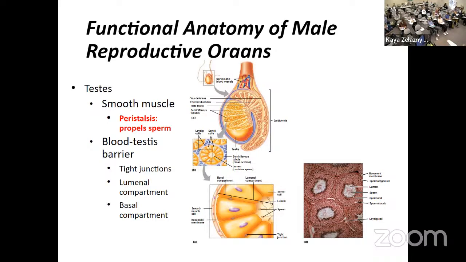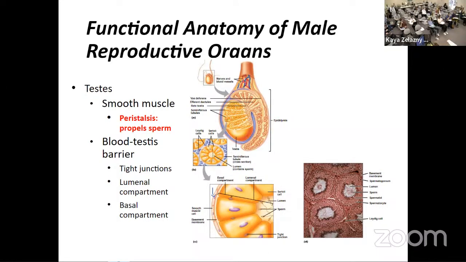Just like we just talked about peristalsis, contracting and propelling stuff forward in the GI system, the same thing is going to be happening to the sperm, at least at the beginning. So there's a layer of smooth muscle here so that we can have that happen.